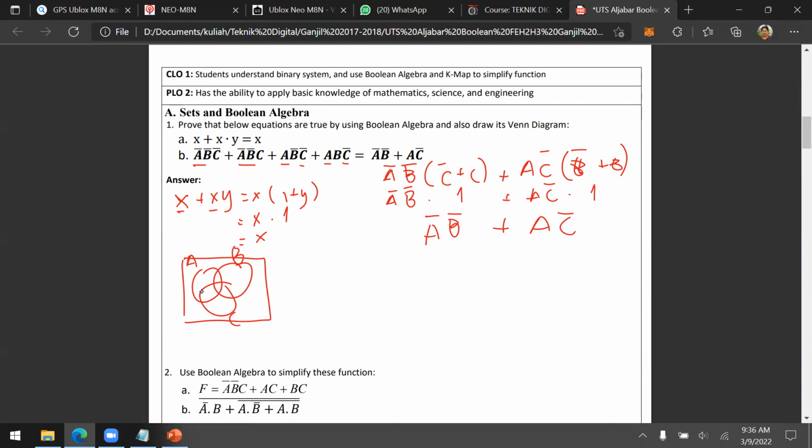A naught, B naught, C naught is everything except this part.